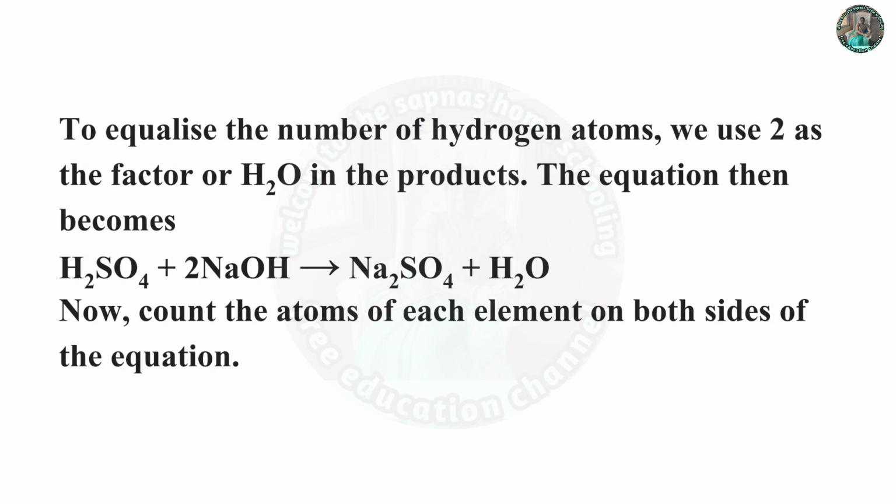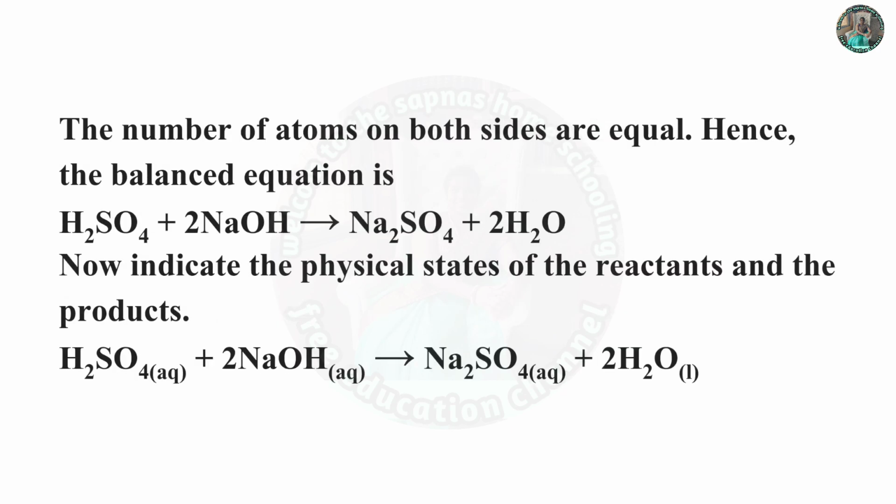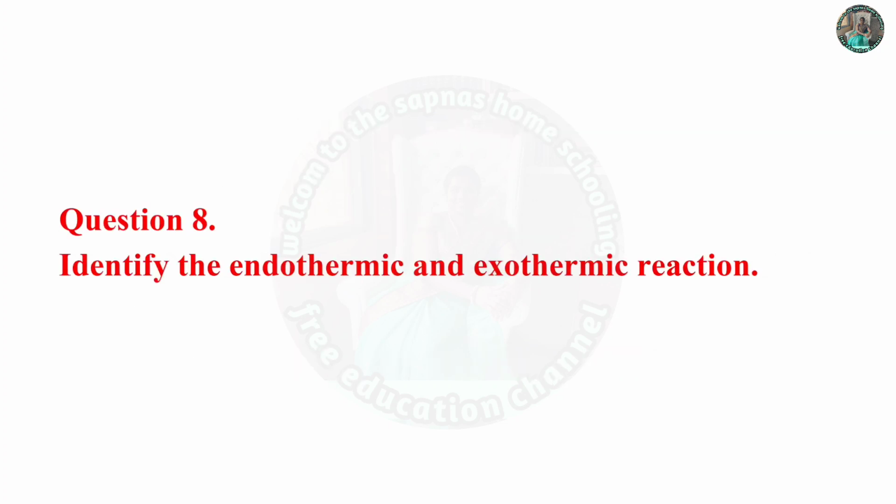Now count the atoms of each element on both sides of the equation. The number of atoms on both sides are equal, hence the balanced equation is H2SO4 plus 2NaOH is equal to Na2SO4 plus 2H2O. Now indicate the physical state of the reactants and the products. H2SO4 plus 2NaOH is equal to Na2SO4 plus 2H2O.